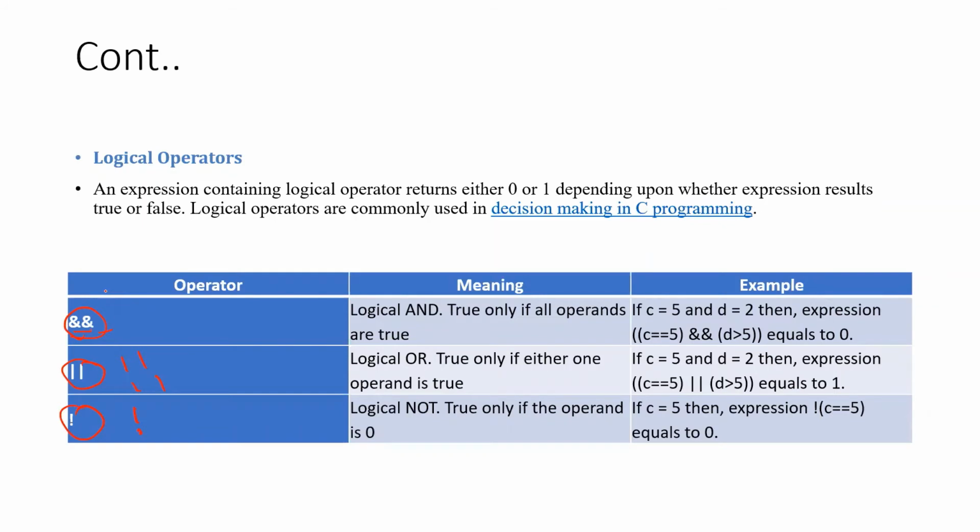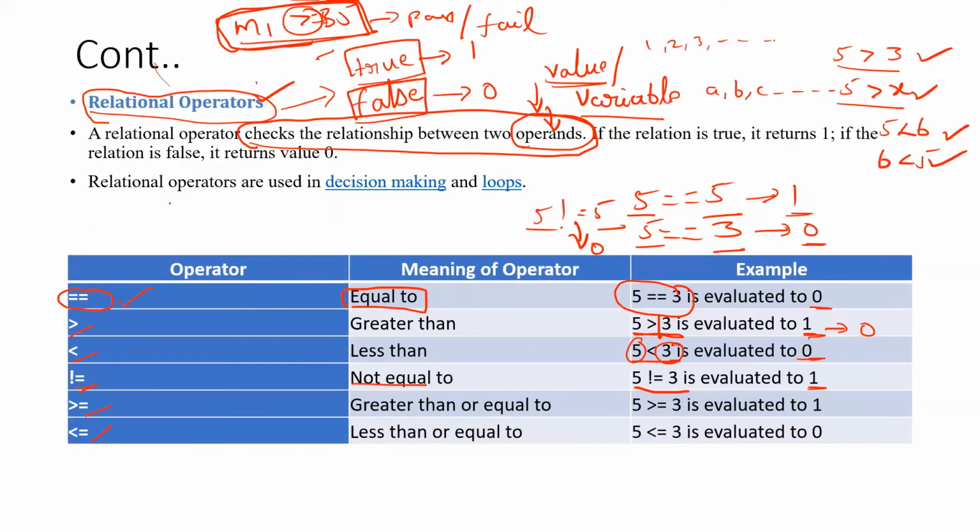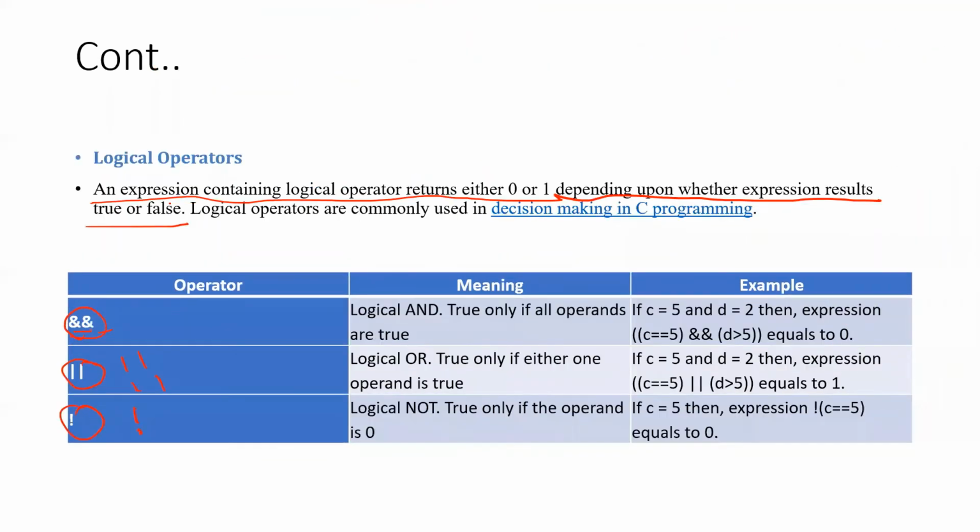So to combine two relational operator based expressions, we go with a logical operator. The expression containing the logical operator results in either 1 or 0, depending upon whether the expression is true or false. So if you want to combine more than one relational operator expression, you can go with a logical operator.